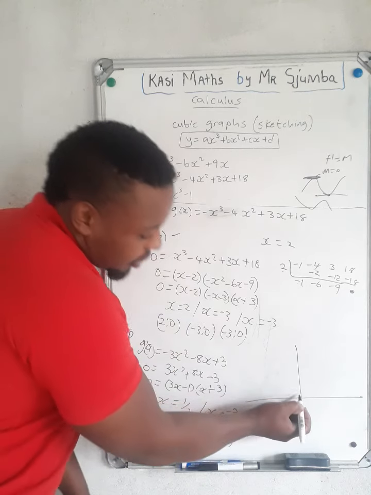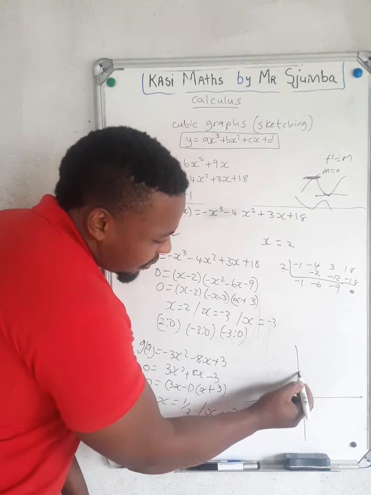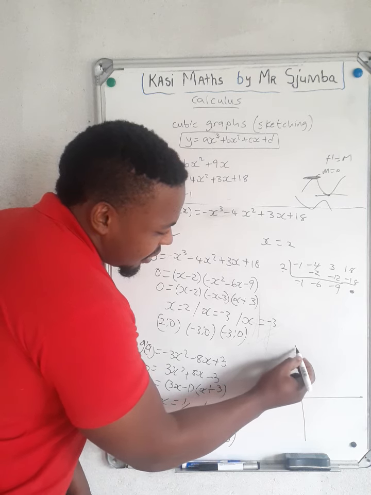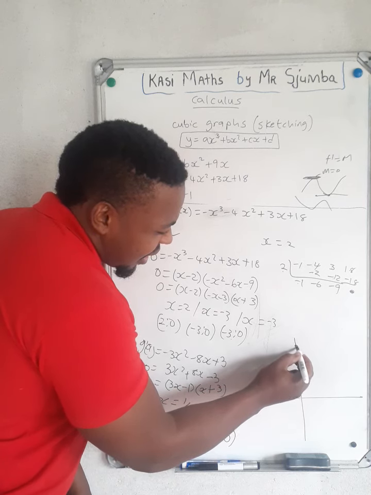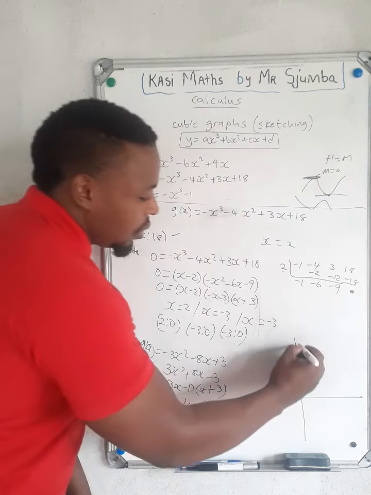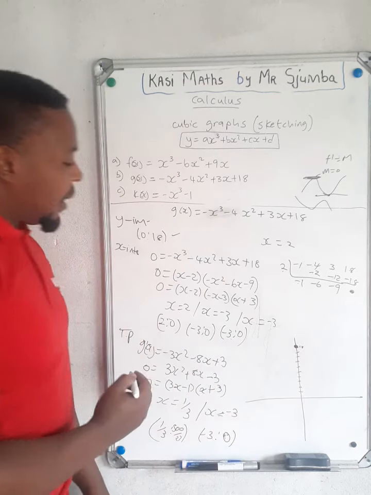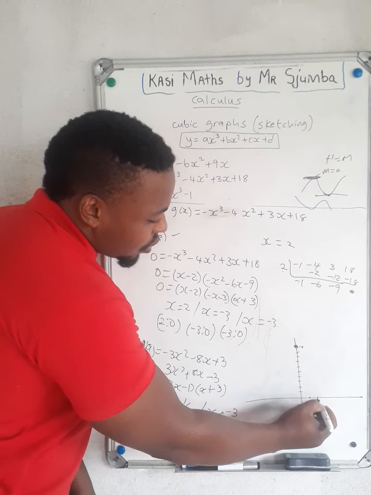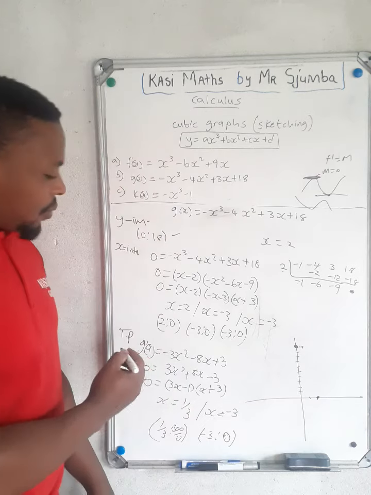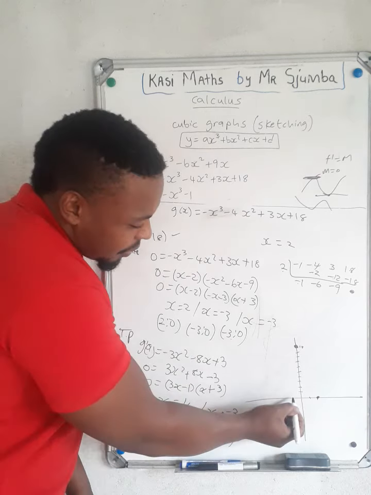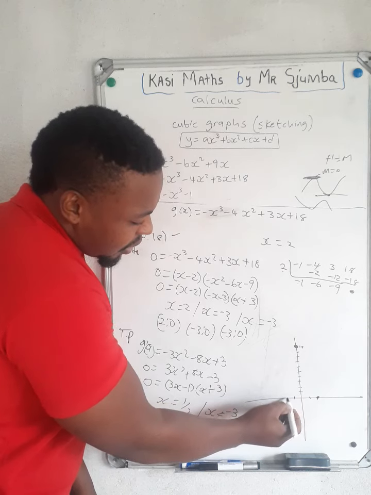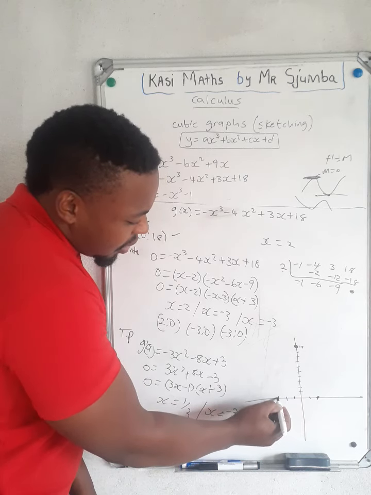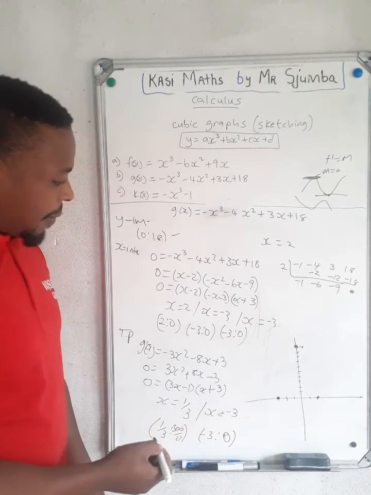0 and 18. So you have 1, 2, 3, 4, 5, 10, let's say, now 18. So this is 18. 2 comma 0. 1, 2. Now 2 comma 0. Minus 3 comma 0. So 1, 2, 3. Minus 3 comma 0.